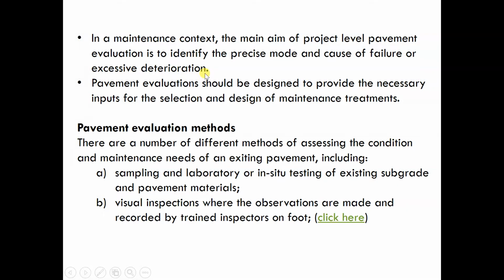So if you have an area with some failure, whether it's an extensive patch of cracking, crocodile cracking, or block cracking, or a certain place with excessive settlement of the road. The road is sinking, so it could be the pavement materials which have some failure, or maybe there's some movement in the subgrade. The subgrade is giving way, so you need to identify it.